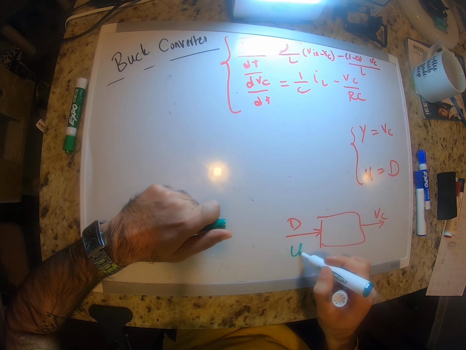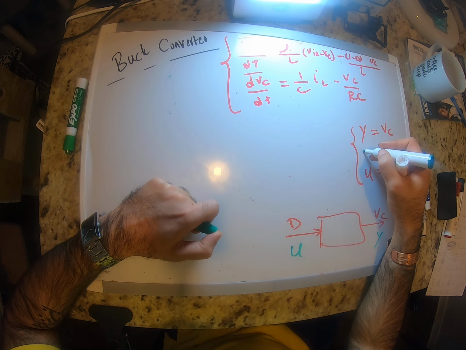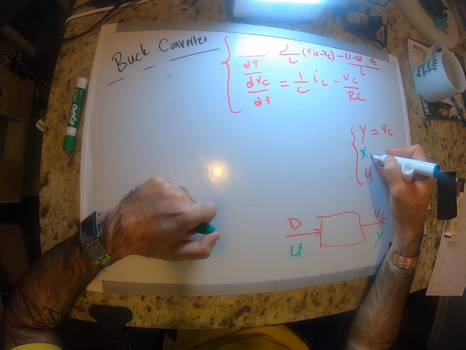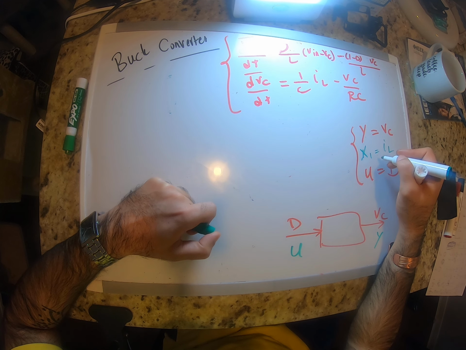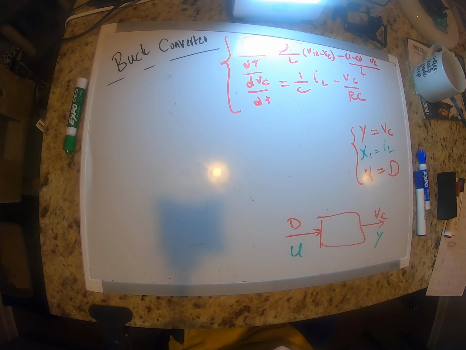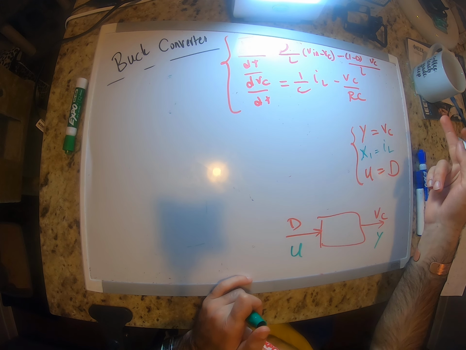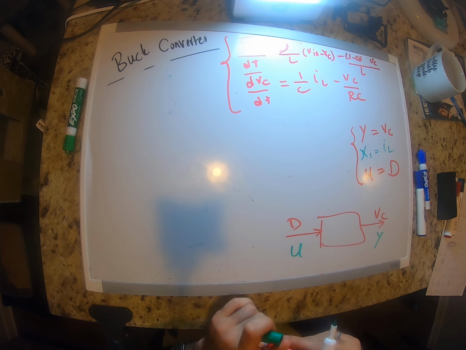Usually this is input, this is output. And I'm going to call IL X, or X1. We called it X1 before. This is one of the states of the system. The other state is also VC, but we renamed it to Y because Y and X2 are the same here.